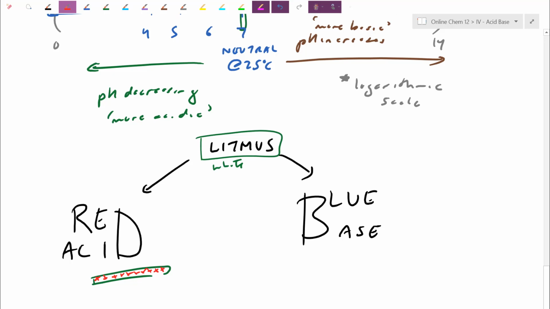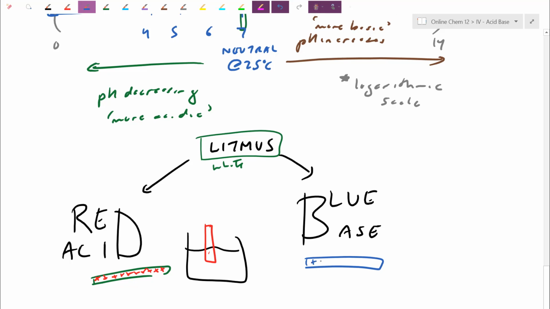What I care is when you dip a strip of this litmus paper into a water solution, if the solution happens to be acidic, because it's supposed to be red in acid, this red litmus will just stay as a red color, right? If the paper was blue to begin with, so it's blue litmus, ooh, big difference.